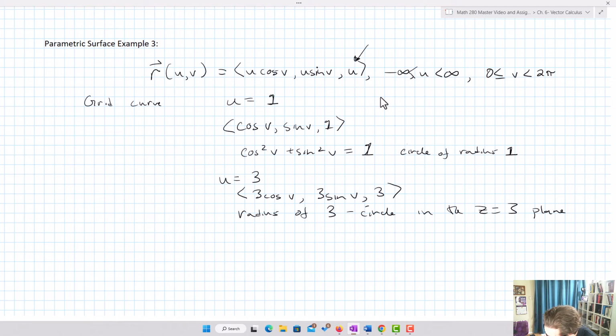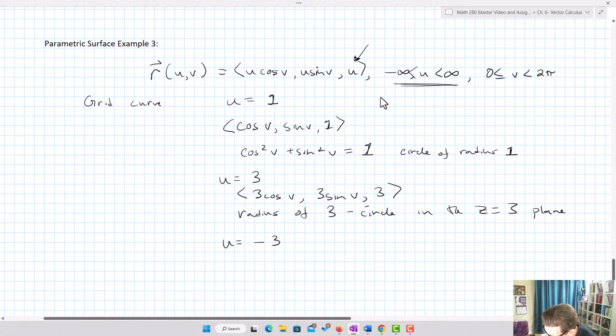Also, by the way, we notice that u can be between negative infinity and infinity. So, for example, let's say I use u equals negative 3. Well, u equals negative 3 is still going to be a circle of radius 3. But notice we've got negative 3 cosine v, negative 3 sine v, and negative 3.